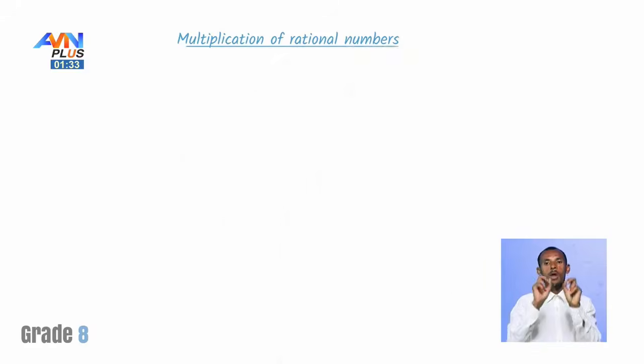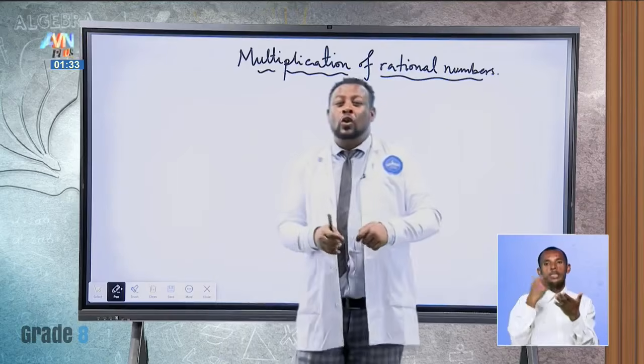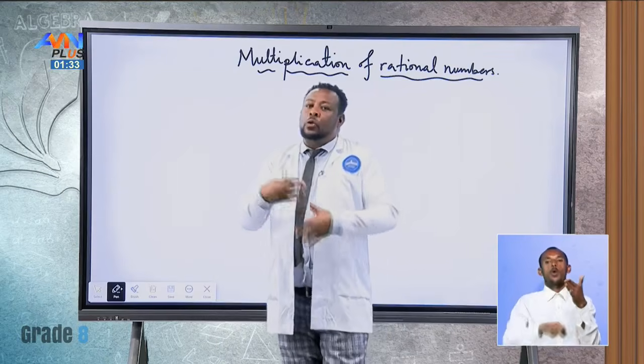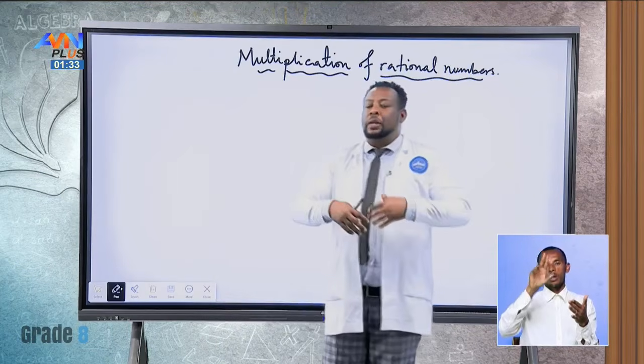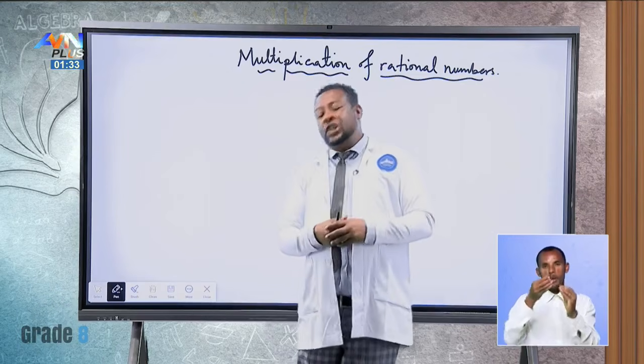When we come to the multiplication part, sometimes we call it product. The product of two rational numbers or the multiplication of two or more rational numbers. So we use these terms interchangeably.